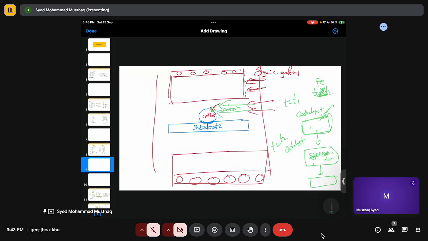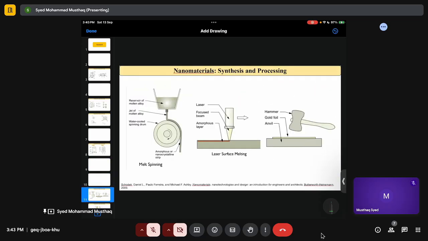Now the next part is rapid solidification.